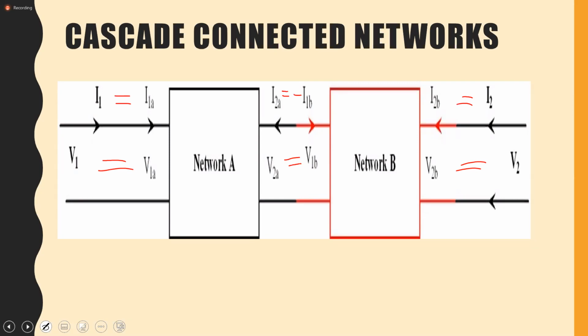Now I'll tell you up front that the parameters we'll be looking at here, by virtue of what cascade represents, meaning the output of one network forms the input and is transferred to the other network, are really about transmission. So we're transmitting the output of one into the input of the other. Do we have all of this?